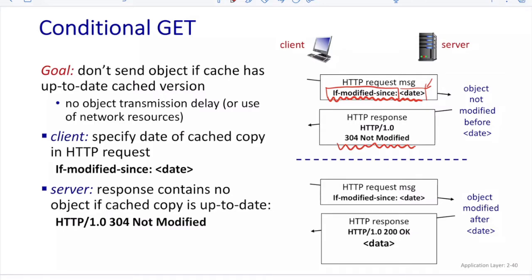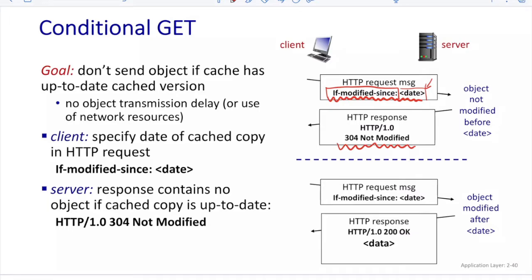No further object or message will be transmitted from the server to the client. Only a very small header response message with a very simple header, 304 Not Modified, so that after the client gets this response message, the client and the server don't have to transmit the object again.